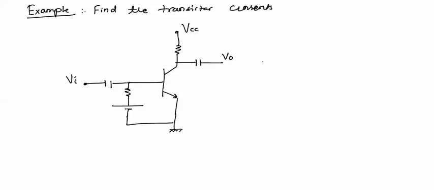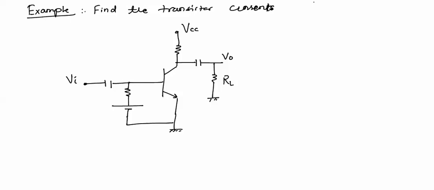Now in this circuit we have these input and output terminals and this load resistance also connected. We want to calculate the transistor currents. We are asked to calculate the DC transistor currents.